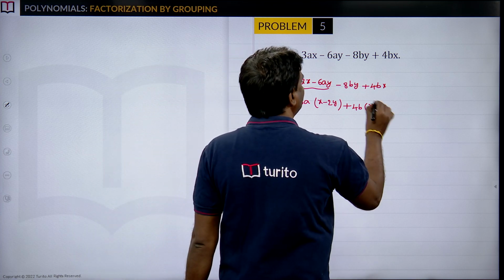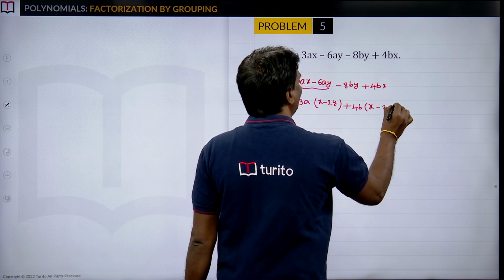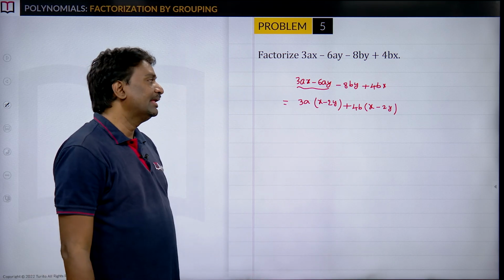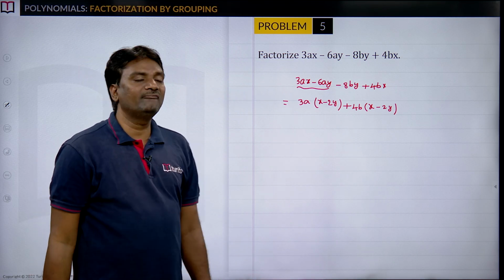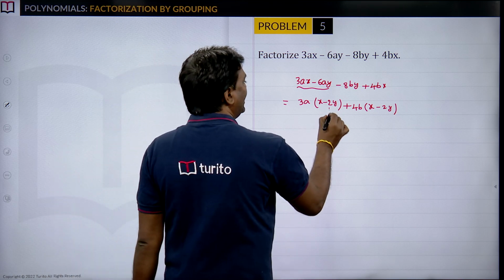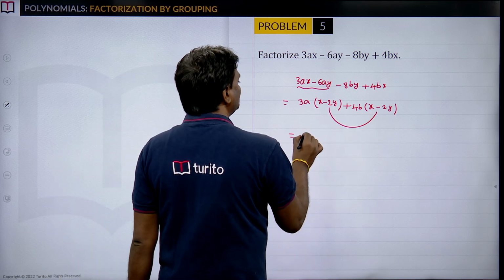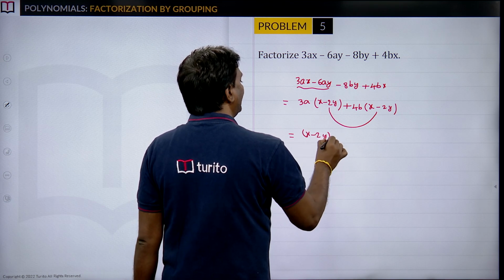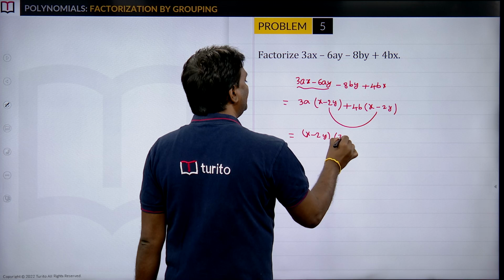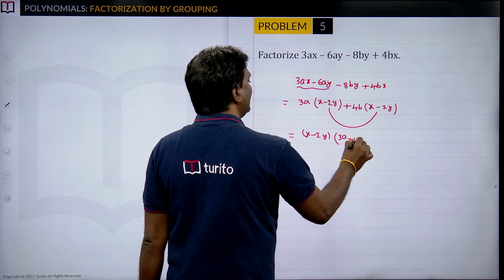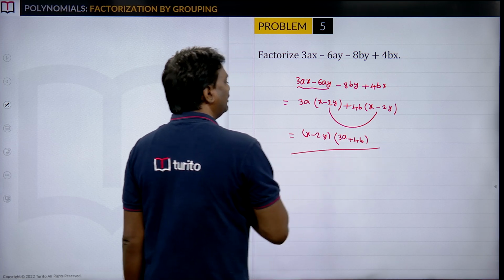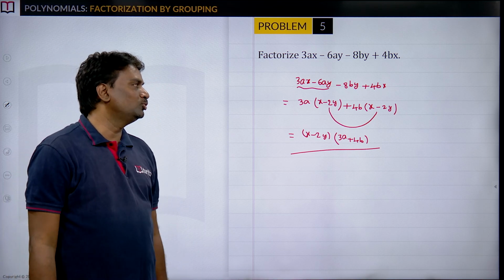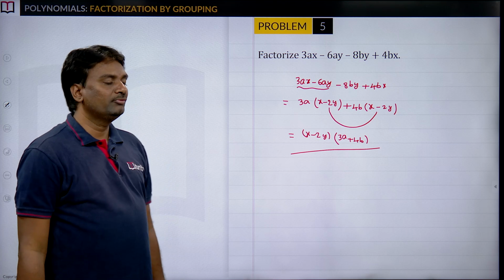So, minus 2y. First term is 3a of x minus 2y. Second term is 4b of x minus 2y. So, again by taking this x minus 2y as common, you will get x minus 2y into 3a plus 4b.